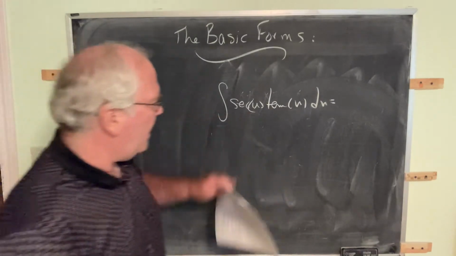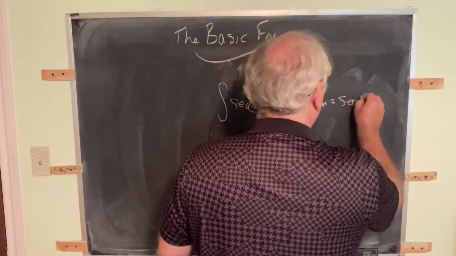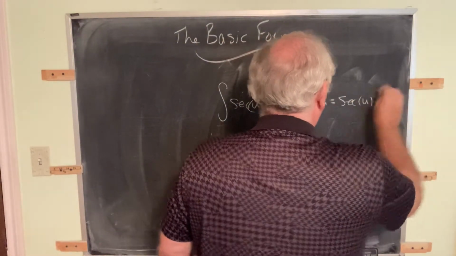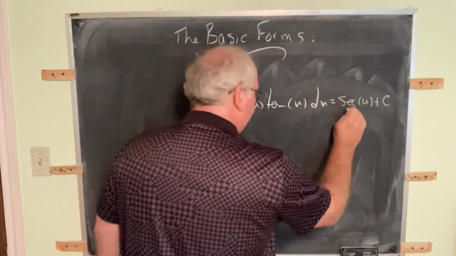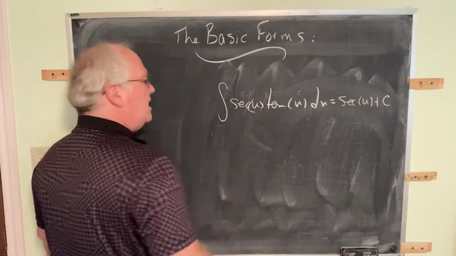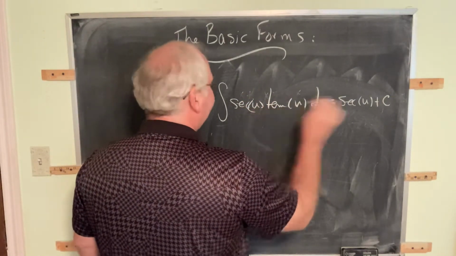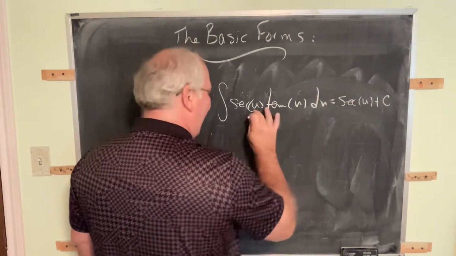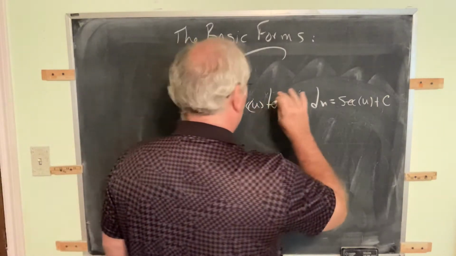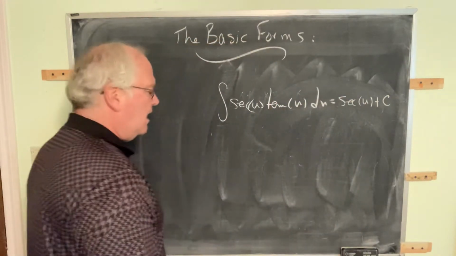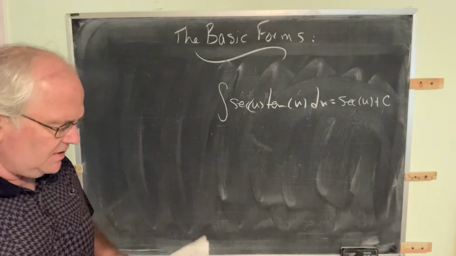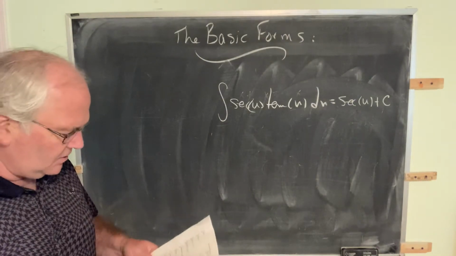We know that is secant. And how do we know this? Because the derivative of secant is secant tangent. Therefore, the antiderivative of secant tangent is secant. Each of these has the constant on because these are indefinite integrals.